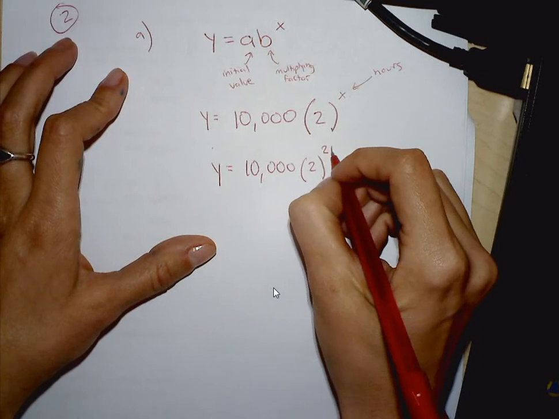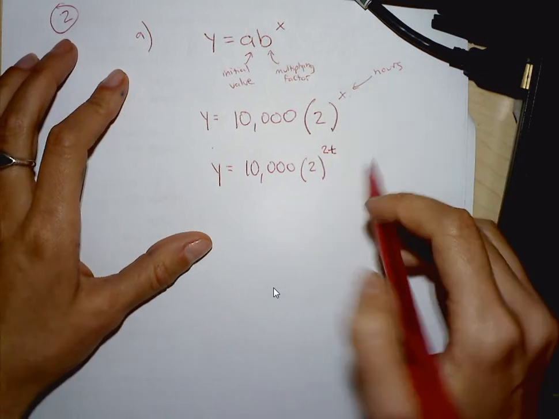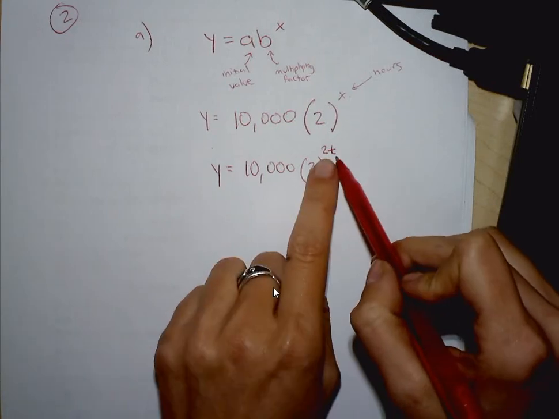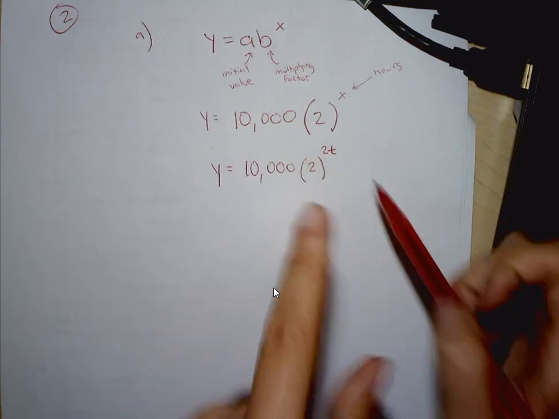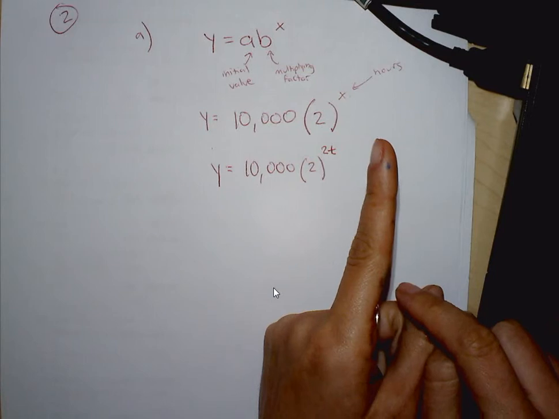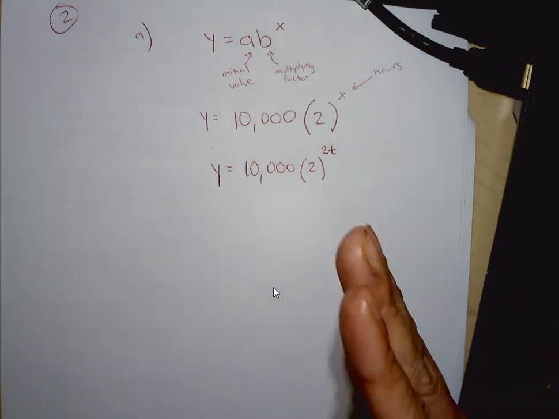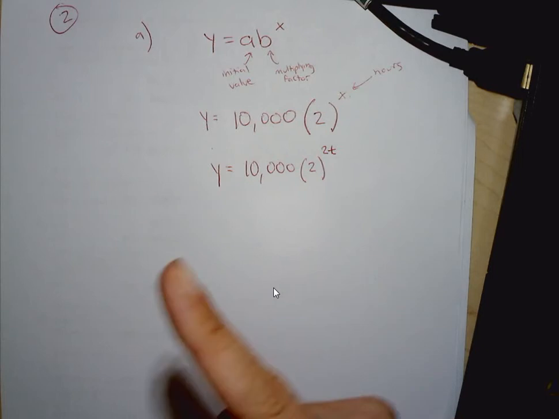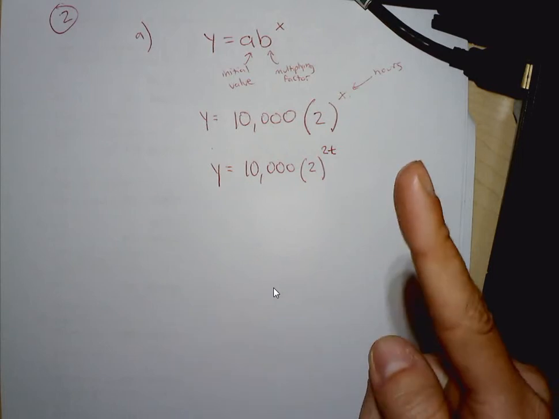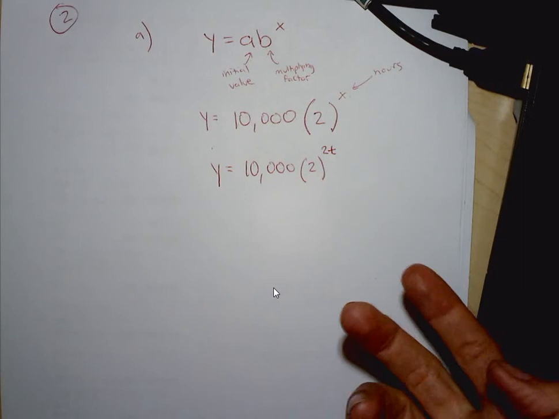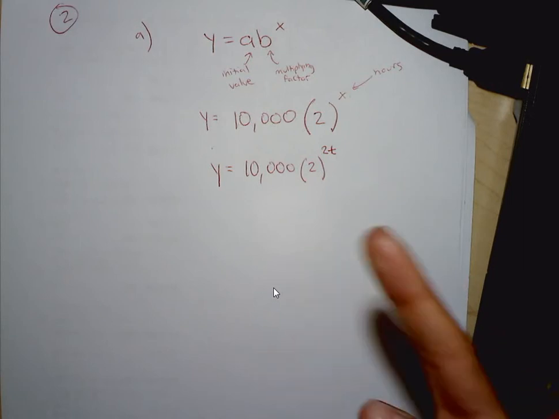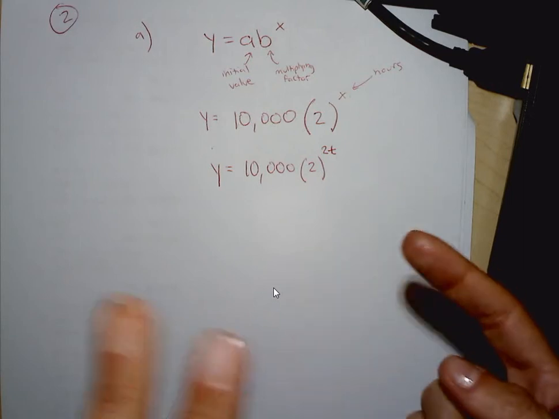And here's why. If t is in hours, that means if 1 hour has passed, I've doubled twice. If I double every 30 minutes, in 1 hour, 2 different 30 minutes have passed, because there's 60 minutes in an hour. So if 1 hour passes, I double twice, so that's why I have 2 times t.